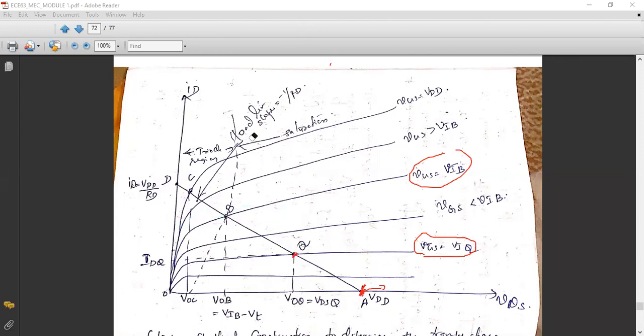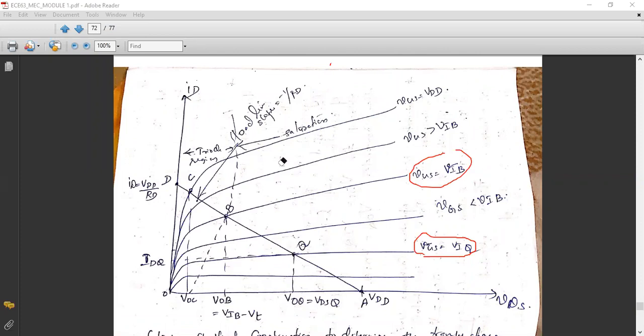Now, corresponding to this point Q, I have marked a voltage on the x-axis, that is V0Q, which is nothing but your VDSQ, as V0 is equal to VDS, and corresponding to this Q on the current axis, I have marked IDQ, that is the drain current ID corresponding to the Q point.